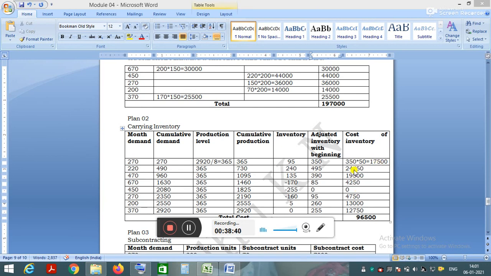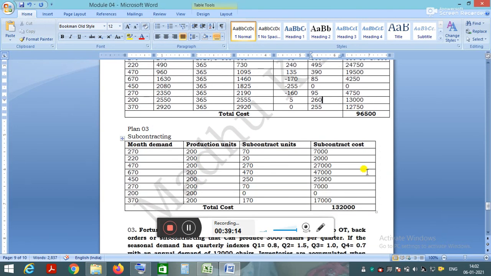Similarly, calculate the inventory cost for each month, multiplying 50 by the inventory available, and sum up. The inventory cost is 96,500. In plan 2, if we follow the carrying inventory plan, the extra cost will be around 96,500.